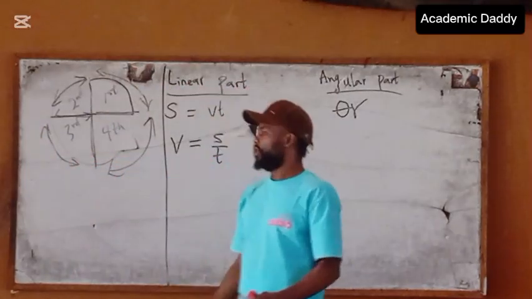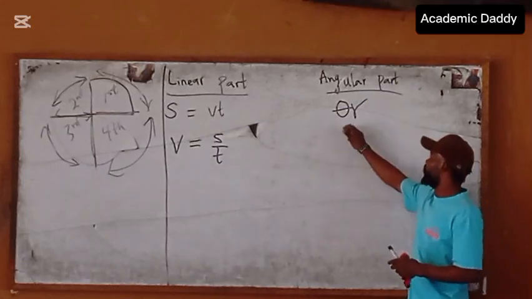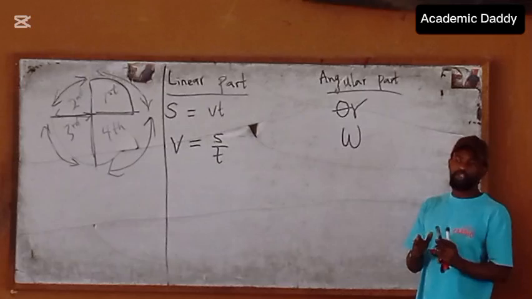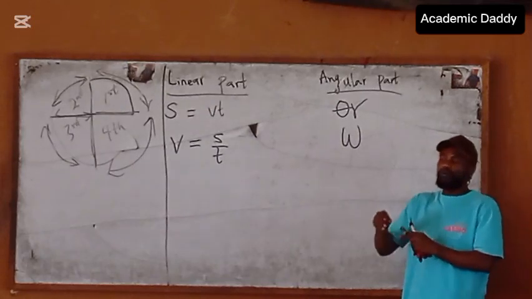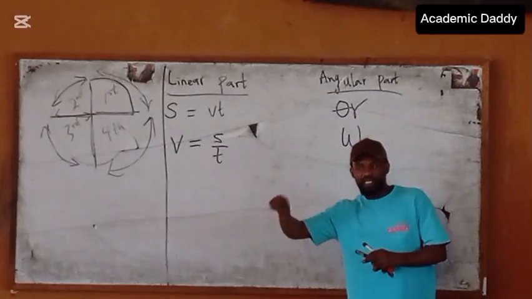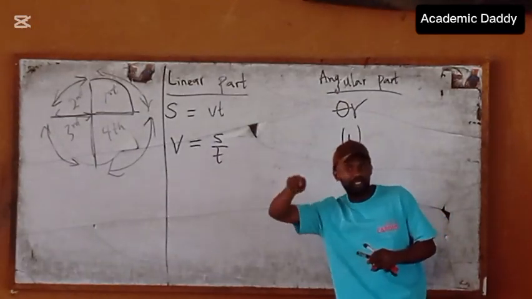Okay. So, in circular motion, this velocity you see is represented with W. Now, I told you, anything in linear motion, once you're talking about it in angular motion, always include R to it. That R talks about the radius, because for you to be in angular movement you need the radius.